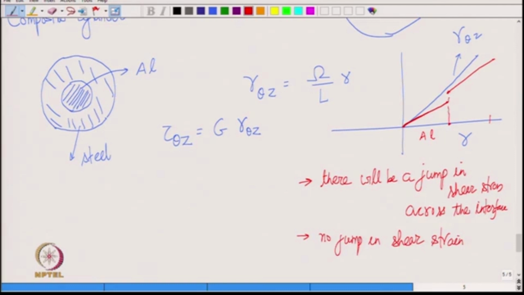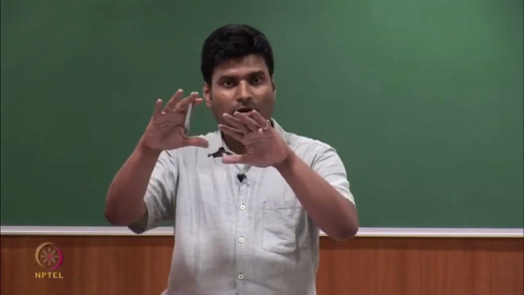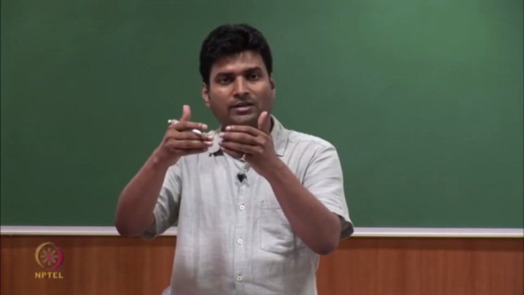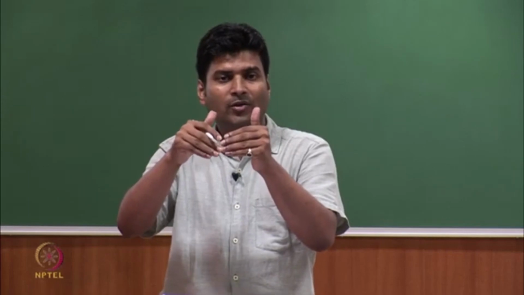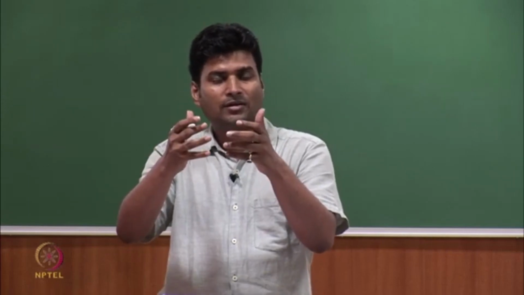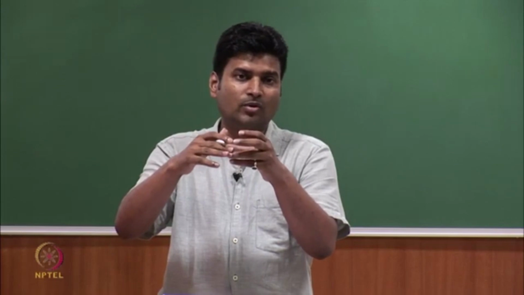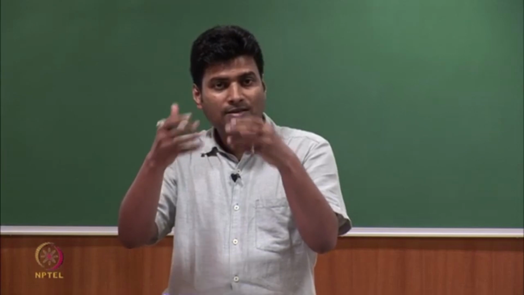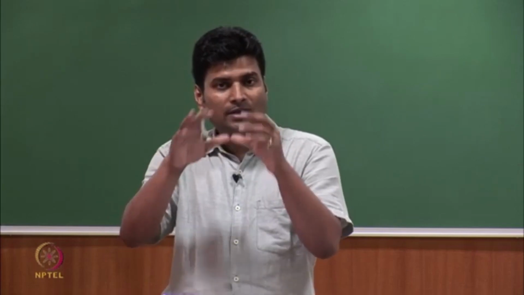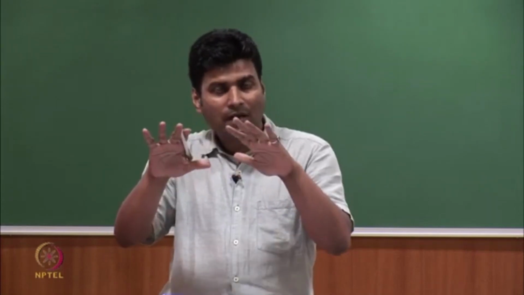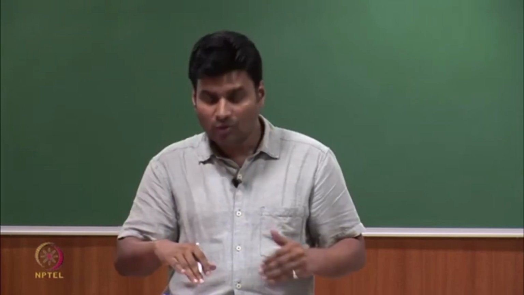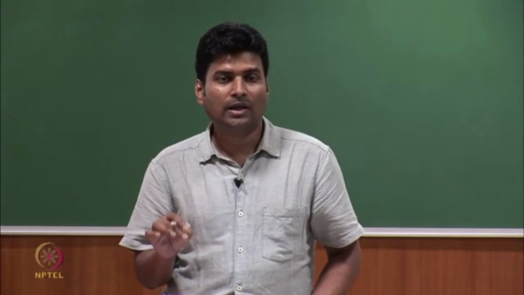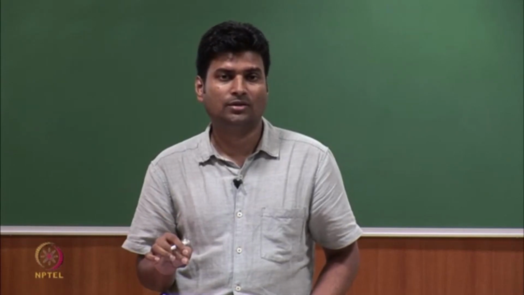No? So, it deforms as a single body, but the stress that gets induced or the stress that generates in the body will depend on the material property. Steel has got different material property, aluminum has got different material property. So, the stress generated will be different, but the strains will be like a single body. Therefore, there is no discontinuity in strain, but there will be discontinuity in stress tau theta z.